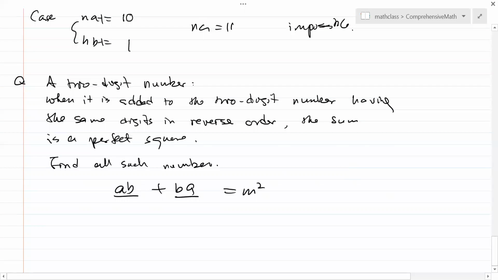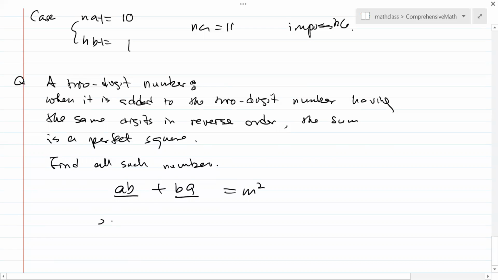We're looking for such 2-digit numbers with the following property. When it's added to the 2-digit number having the same digits but in the reverse order, the sum, added together, is going to be a perfect square. There are some examples, for example, 29.